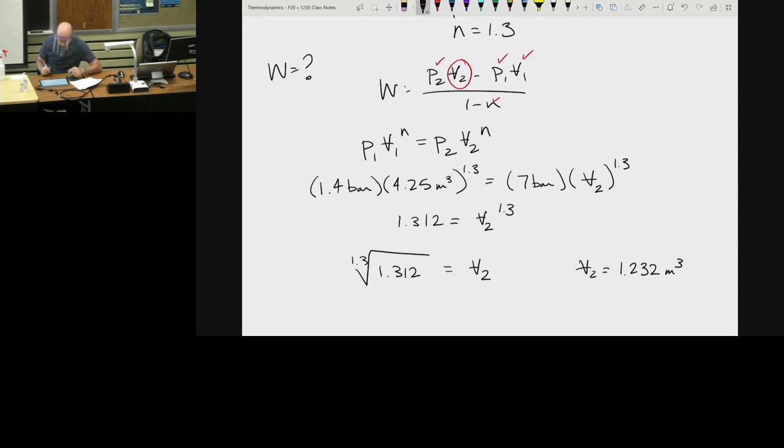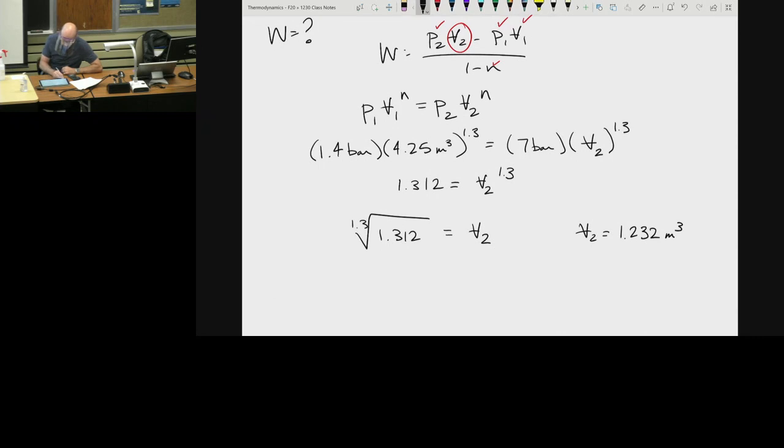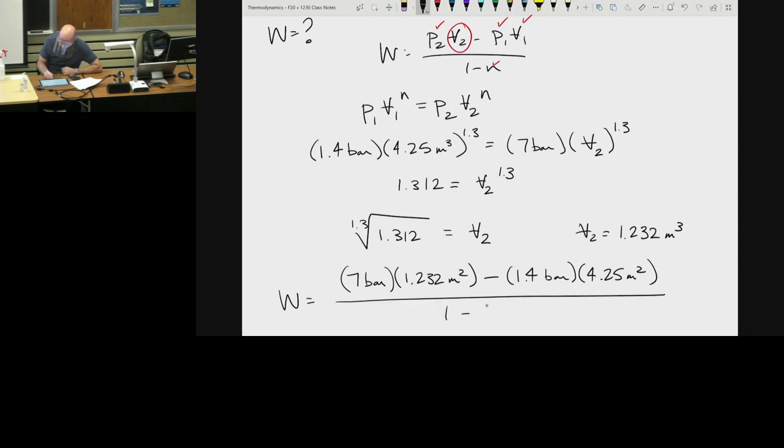Okay, so now it's simply put it back into this top equation. The work is equal to P2V2, which is going to be 7 bars times 1.232 meters squared, minus P1V1, which is 1.4 bars times 4.25 meters squared, divided by 1 minus 1.3.